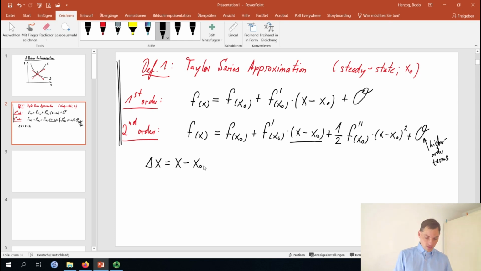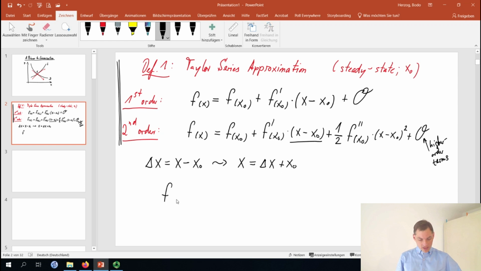And of course I can rearrange this. If I bring the x0 to the other side, x is simply my delta x plus my x0.